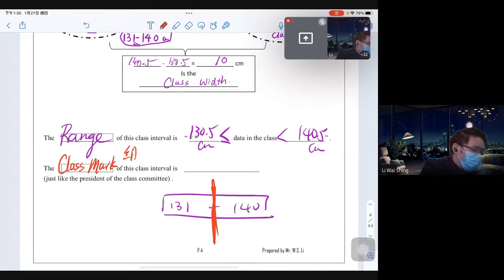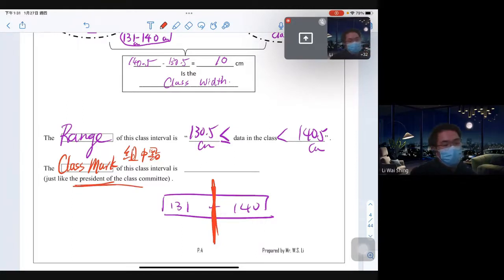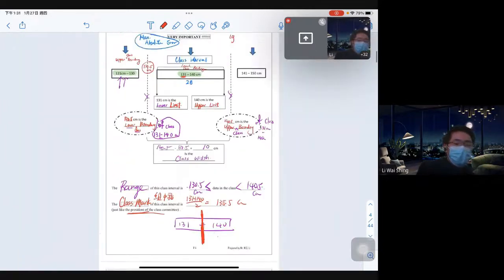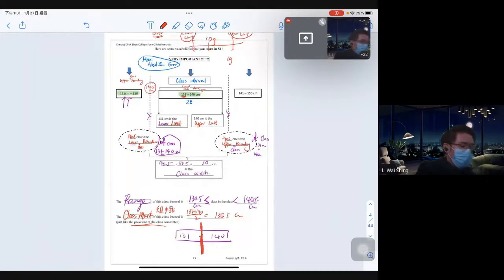Just like the president of your class committee represents your class, here also the same. To represent this class, we need to choose one number, which is the middle number: 131 plus 140 over 2, which is equal to 135.5 cm. So a total of 8 vocabularies here.